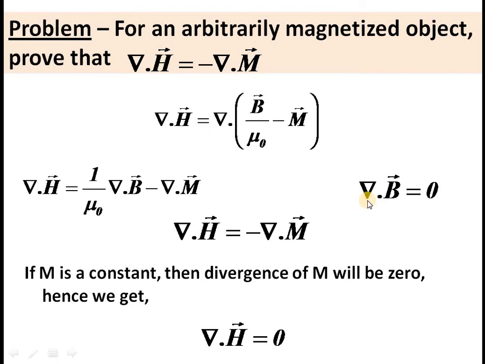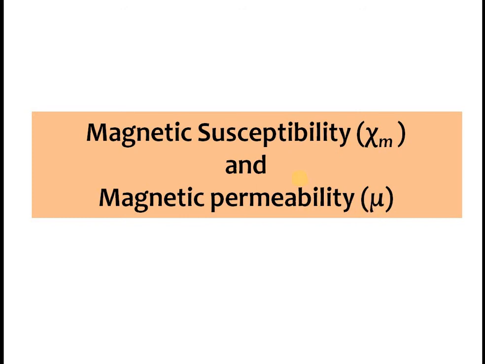Don't assume that del dot B and del dot H are always 0. No. That depends on whether the material is magnetized or not. That is very important. We want to introduce another simple concept. It is called magnetic susceptibility and magnetic permeability. It's a very simple topic.